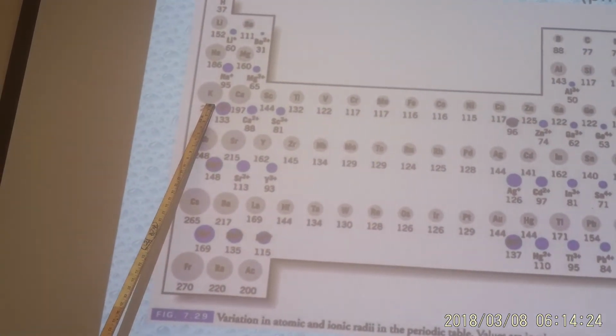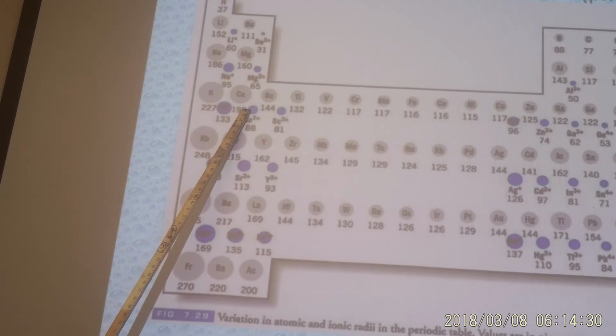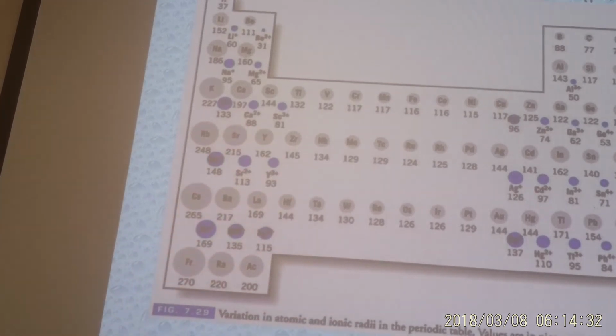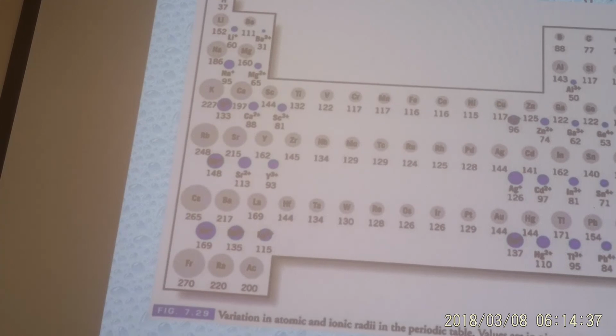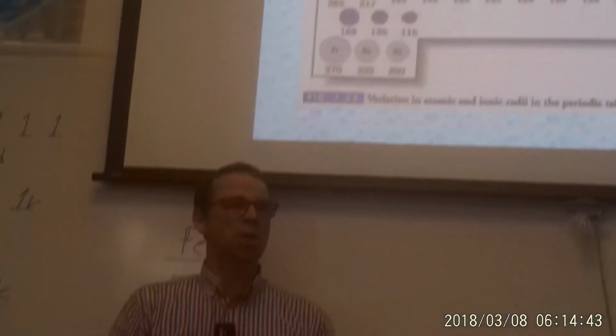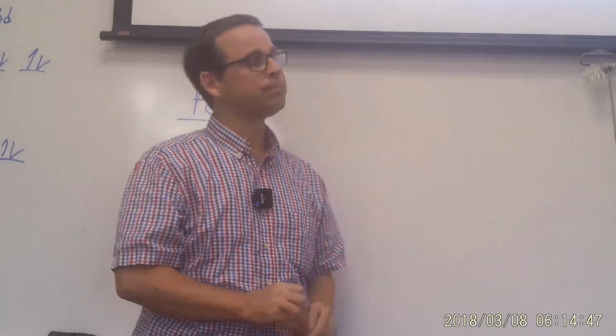Potassium's electron is 4s1, right? And the calcium, the next electron, where is it going? What orbital is it going into? 4s2. So it's basically the same. It's 4s. It only decreases in size because there's another proton that's added as well. And so it can get smaller in size.